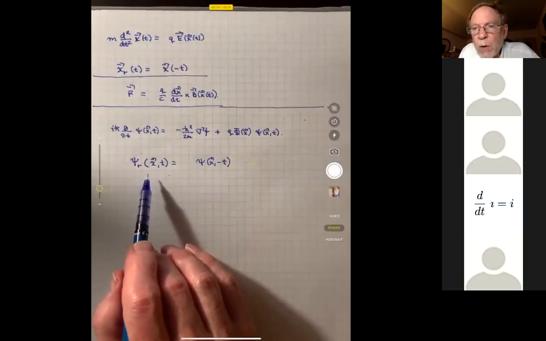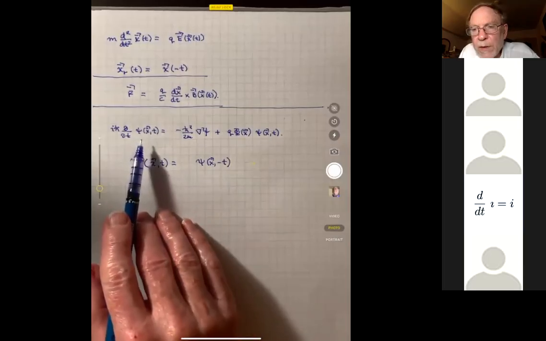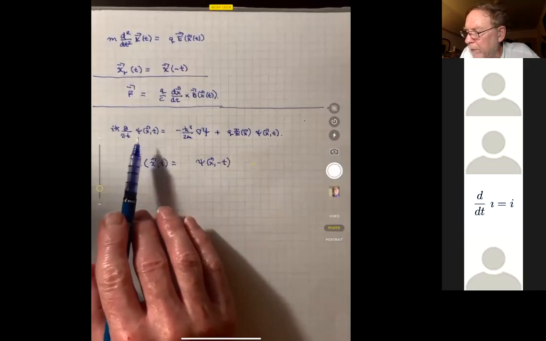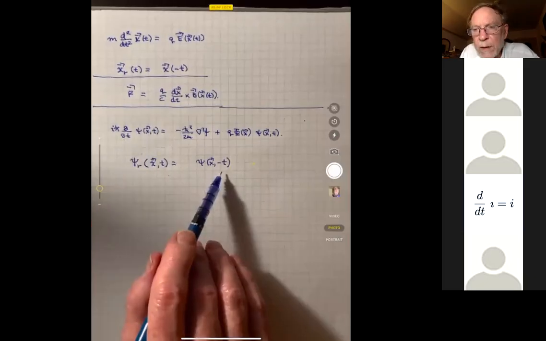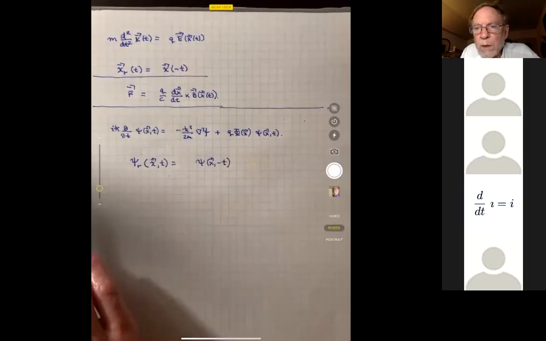And the answer is no, because the Schrodinger equation is only first order in time, not second order. So this d/dt is going to give you a minus sign on taking the derivative with that minus t over there. And so the left-hand side will change sign and the right-hand side won't. So it doesn't work, even for a particle in an electrostatic field.